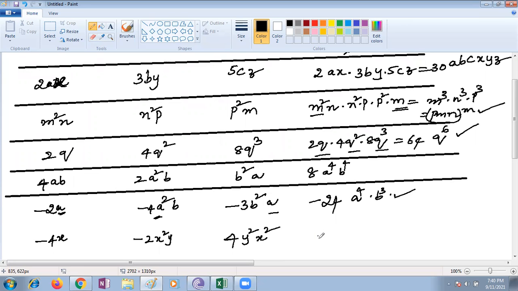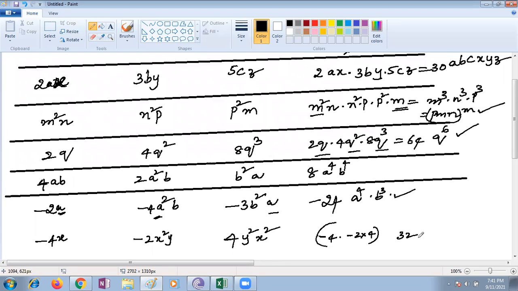Ayush, what is minus 4 and minus 2? Please tell quickly. We will go with the next part too. Is it positive or negative? Ma'am, 8. Okay, ma'am, so 32, not minus 32. Very good.